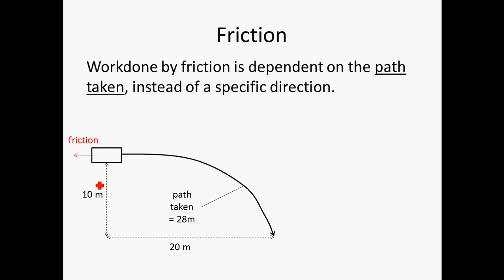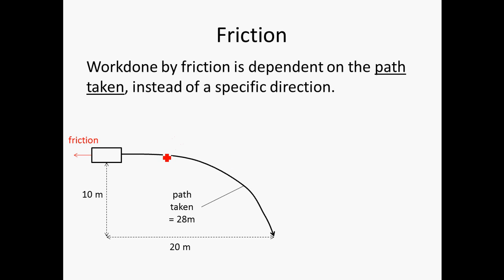Now, this is the top view of a car. That means you're like on a helicopter looking down on a car. Let's say this car is going on a bend. If there is a friction acting against the car, when you change direction as you round the bend, you realize that the direction of the friction changes.